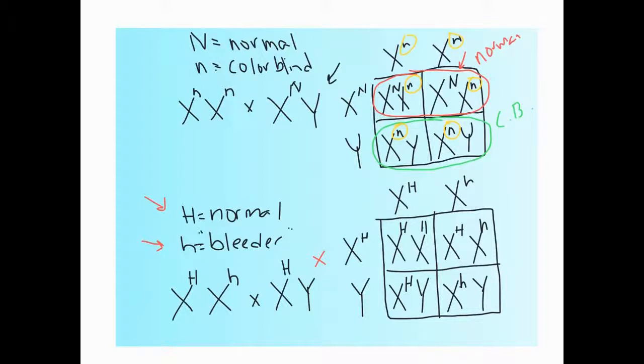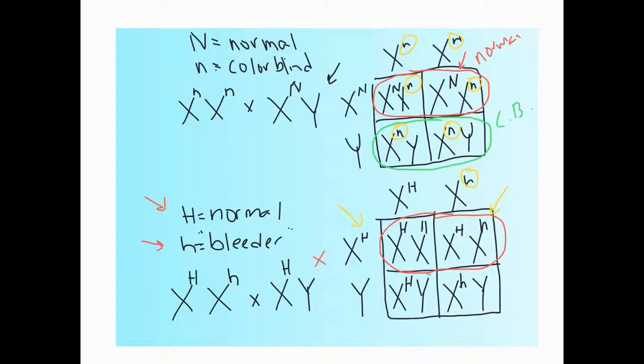Now let's see. Once again, 100% of the females will not have hemophilia, even though this girl over here got the bleeder or hemophilia allele from the mom. The dad saved the day because the dad, all he has is a normal big H allele. Now for the boys, it's a little different.